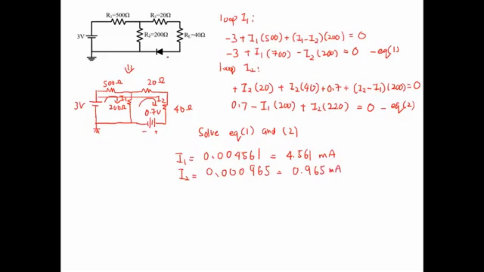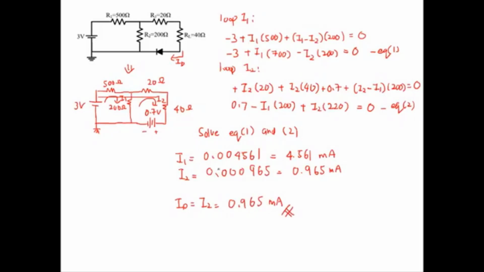Our question is we want to calculate the ID. So the ID is equal to I2, which is 0.965 milliampere. So this is the final answer.